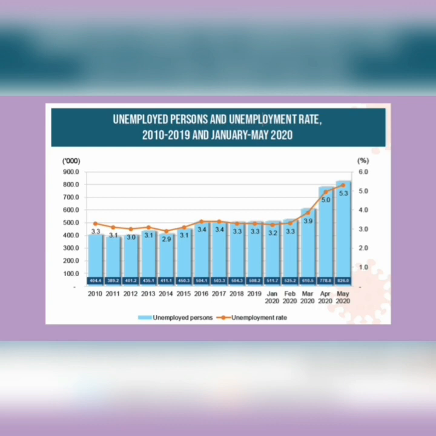The number of unemployed jumped 46.1% from a year earlier to 748,200, while employment declined by 0.4% to 15.21 million. Meantime, the labor force rose 1.1% to 15.96 million. In September 2020, the jobless rate was at 4.6%.